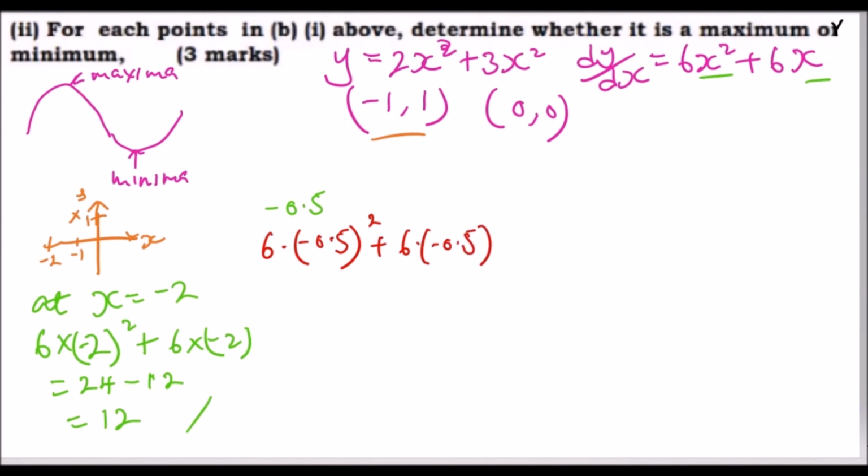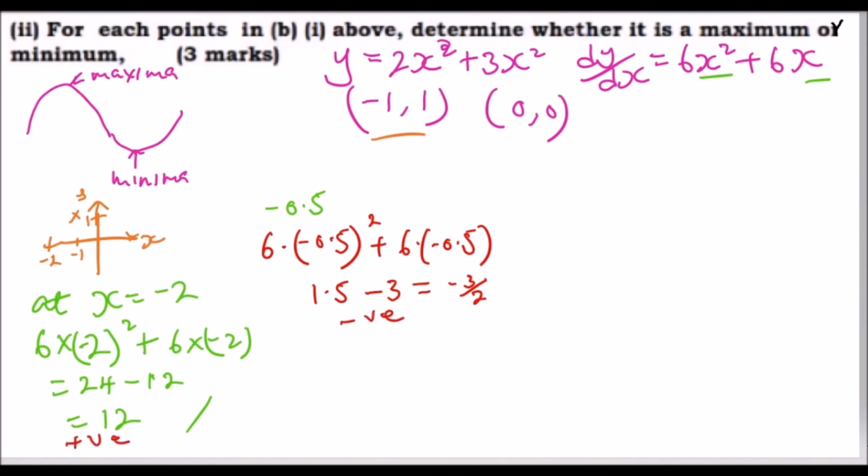When you compute, this will give you 1.5, and this will give you minus 3. So this is equal to 1.5 minus 3, which is minus 3 divided by 2, or minus 1.5. That is negative. So this is negative. Here it is positive.